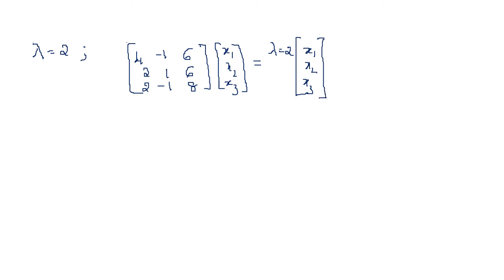We'll equate the left hand side to the right hand side. First equation is 4x1 minus x2 plus 6x3 is equal to 2x1, which will give me 2x1 minus x2 plus 6x3 is equal to 0.